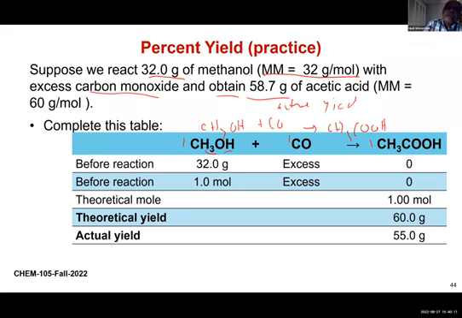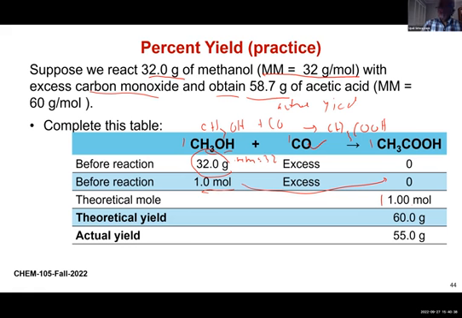You start with 32 grams. The molar mass is given as 32. Therefore, 1 mole, 32 divided by 32. The other is said to be in excess, therefore you don't use it to convert to products. Use 1 mole, produce 1 mole right here.